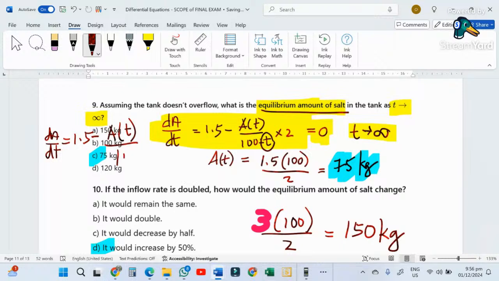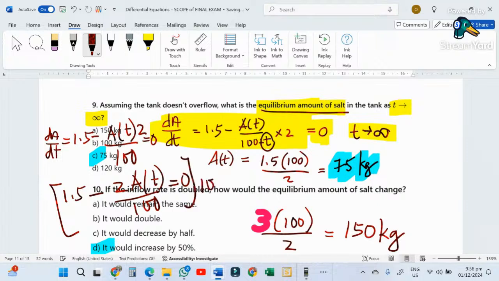Over 100 times 2, so you just have to put the 2 here, is equal to 0. You have to equate it to 0. Equating that to 0 will give you 1.5 minus 2 A of t over 100 is equal to 0. Multiply everything by 100. 1.5 times 100 will be 150; you have to move the decimal place twice to the right.